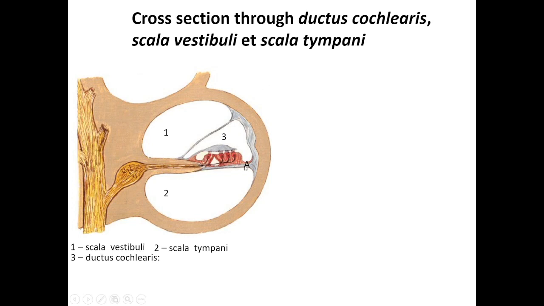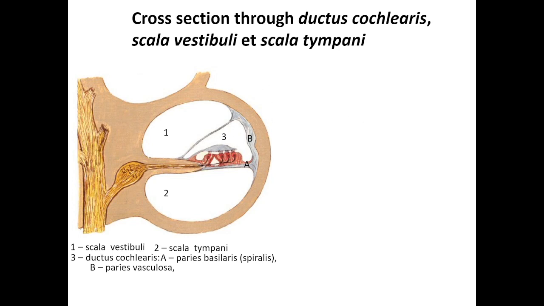This wall, letter A, is called paries basilaris or paries spiralis. Why spiralis? Because it is prolongating from lamina spiralis ossea. This letter B, what does it mean? It's paries vasculosa.